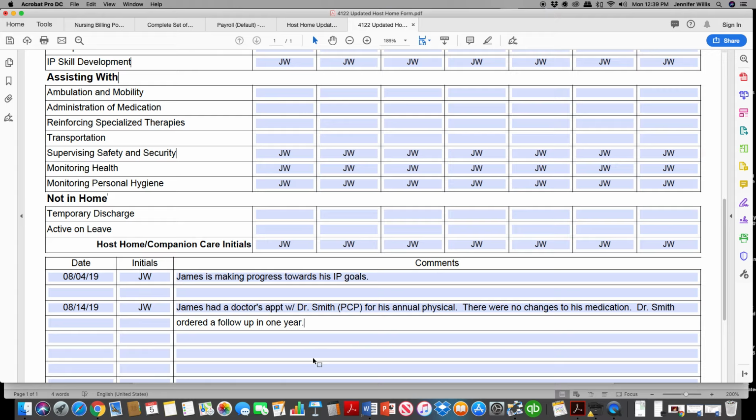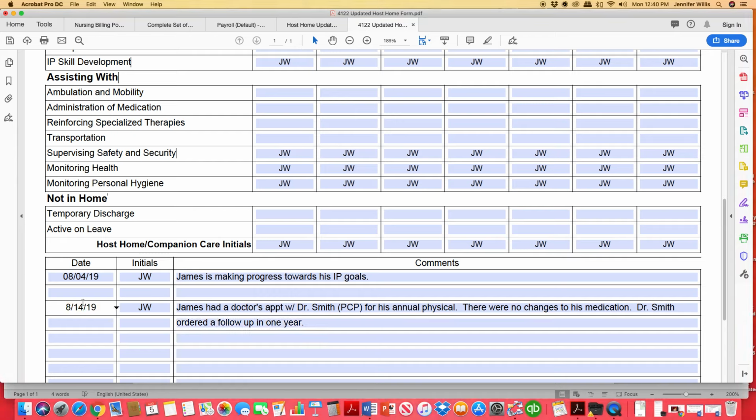Okay, so here on 8/4, this is not going to be in this week, but let's say he went on Sunday. James had a doctor's appointment with Dr. Smith, his PCP, for his annual physical. There were no changes in his medication. Dr. Smith ordered a follow-up in 1 year.